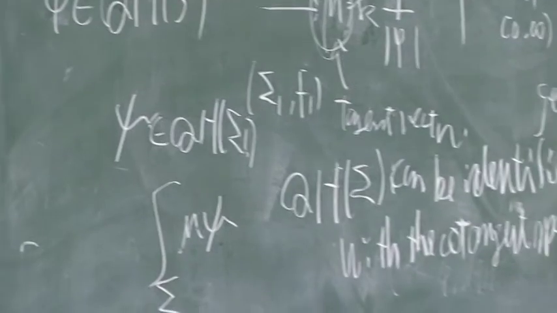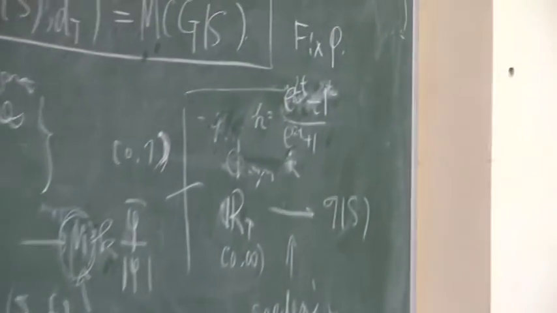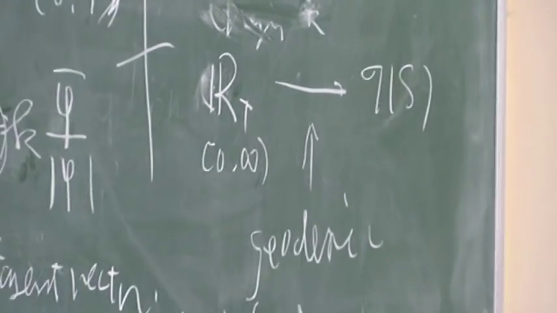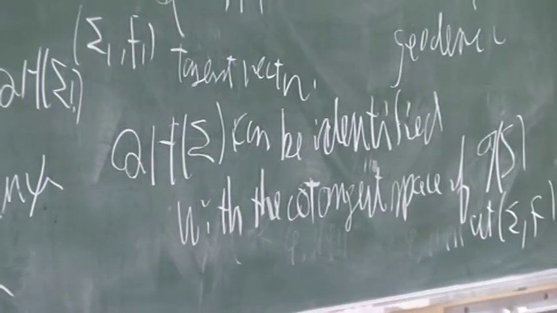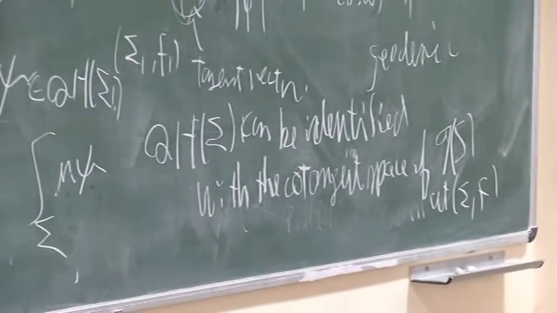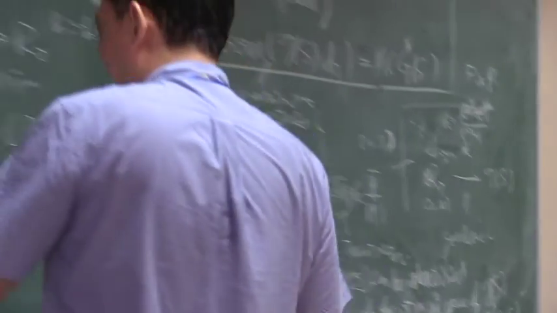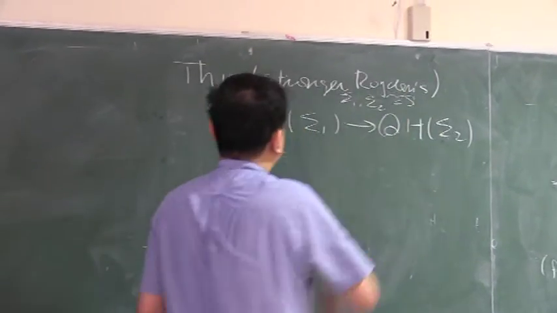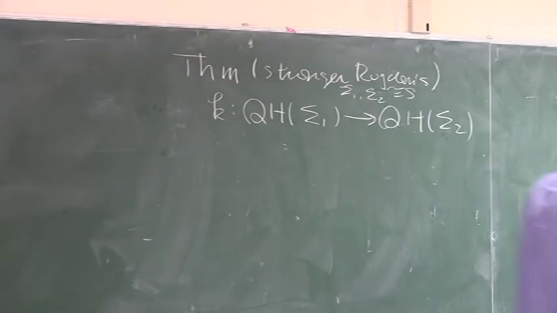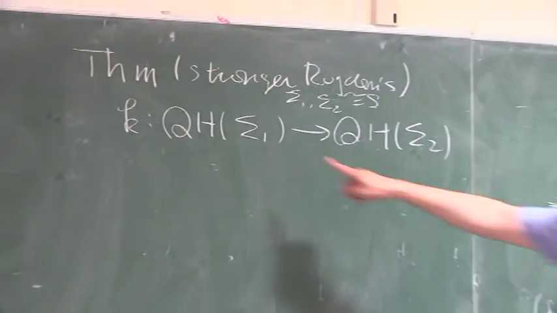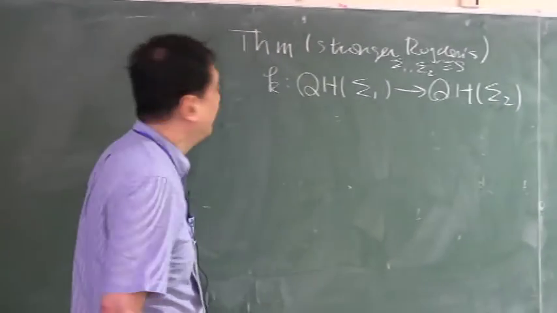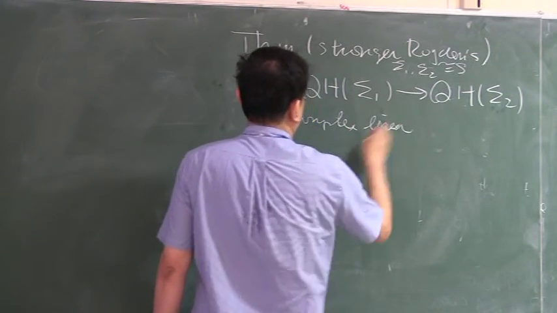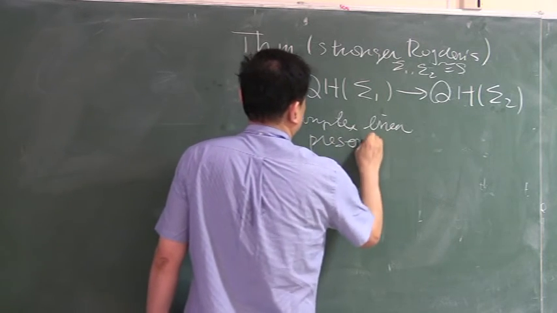This is a stronger version of Royden's theorem. Suppose sigma 1 and sigma 2 are Riemann surfaces homeomorphic to S, and suppose you have a map from the quadratic differentials of sigma 1 to the quadratic differentials of sigma 2, which is complex linear and preserves norms.